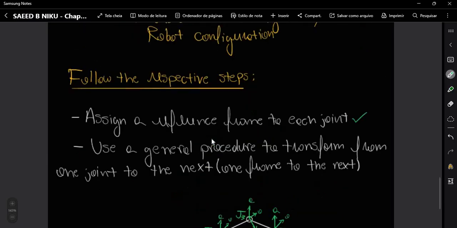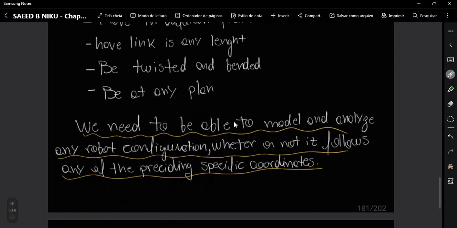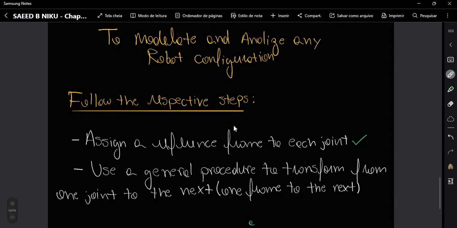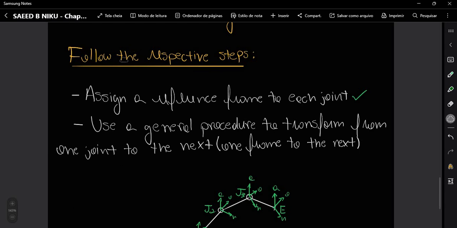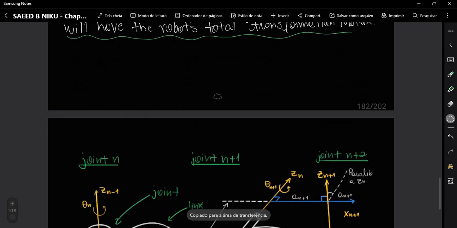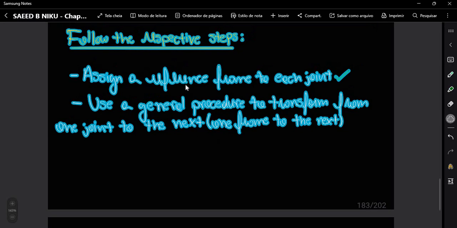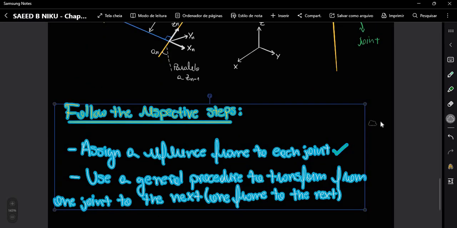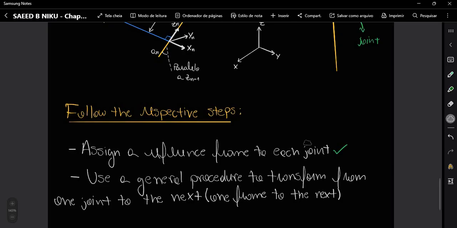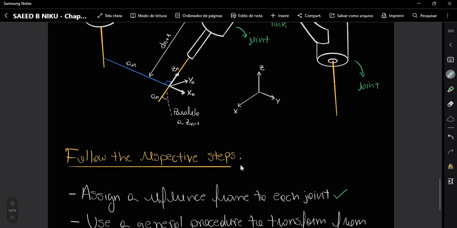So let me copy this list and we will do just a check-in. Let's use it as a check-in list to verify on this illustration these conditions. So follow the respective steps. The first step, the first condition, assign a reference frame to each joint.